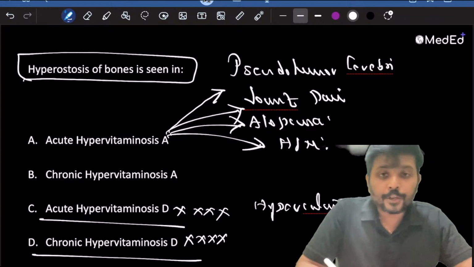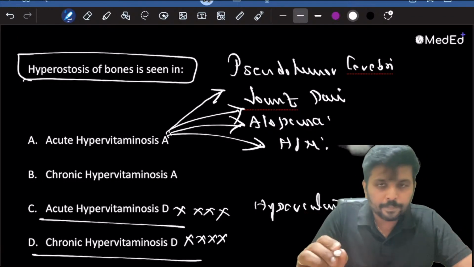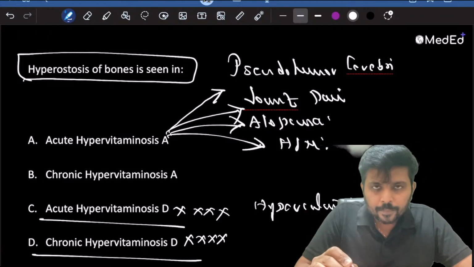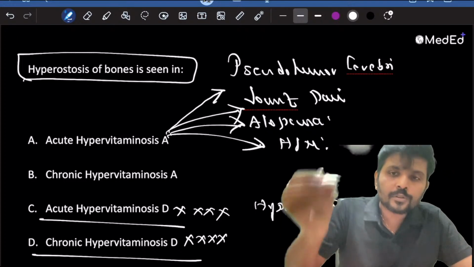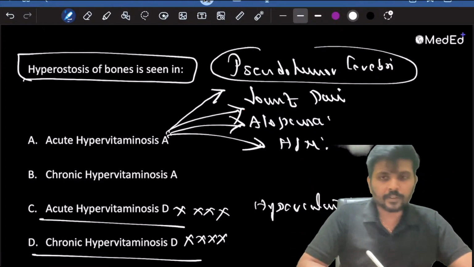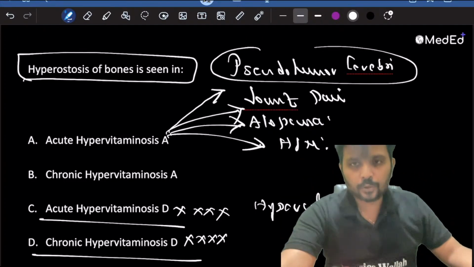Which one? Acute hypervitaminosis. Very important question. Acute hypervitaminosis A is associated with pseudotumor cerebri.